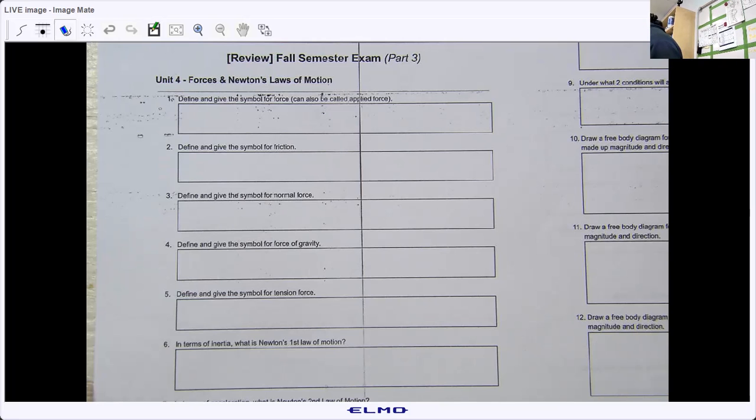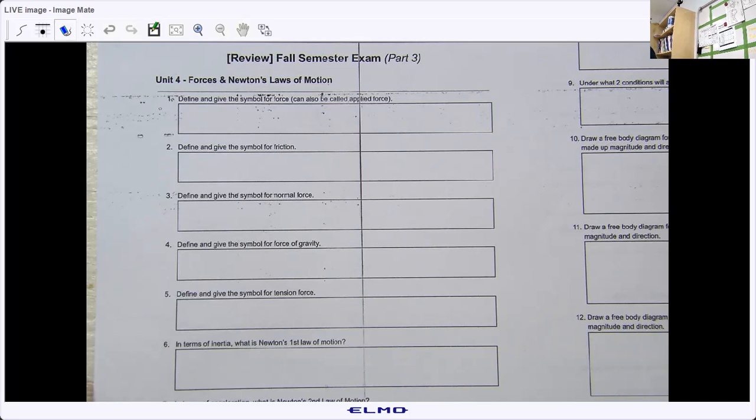An example would be if we did the action is hammer hits the nail, hits a nail that's going into a piece of wood. So the action is hammer hits the nail. The reaction would be what? Nail hits hammer.